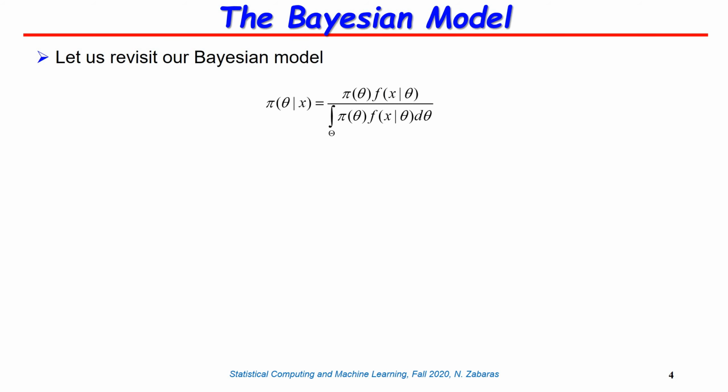Okay, so let's review where Monte Carlo comes in the context of Bayesian inference. If you look at the posterior of some parameters theta given some data x, you notice that in most of the applications we have done up to now, especially using conjugate priors, this posterior was analytically computed, and that was the end of the story.